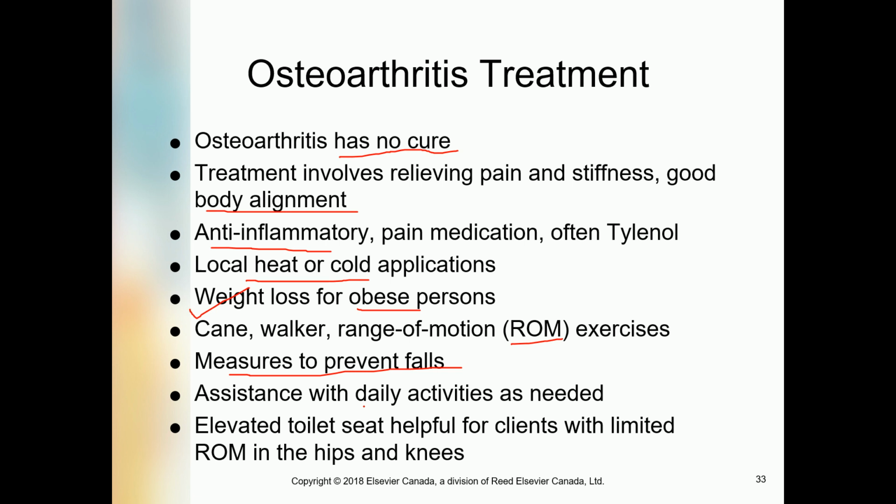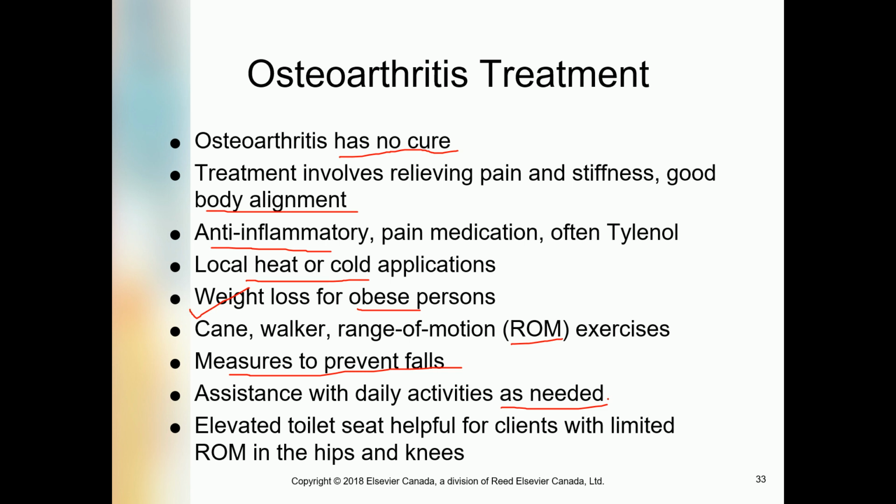We have to help them with feeding, with dressing in the uniform, transferring them from bed to the wheelchair, wheelchair to the bed, taking them in the wheelchair to the dining area, assisting them as needed. It says here as needed. Don't do 100% of the work. Encourage them.